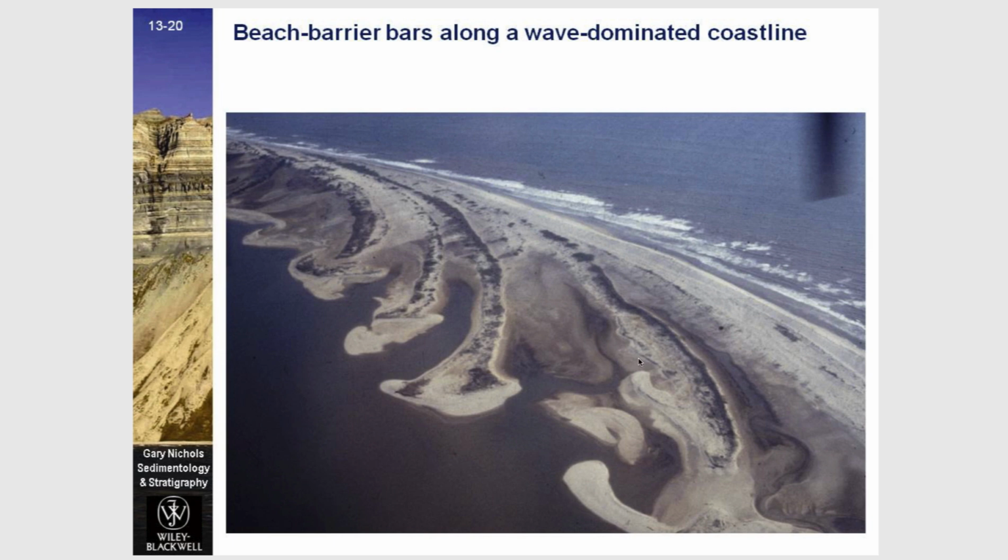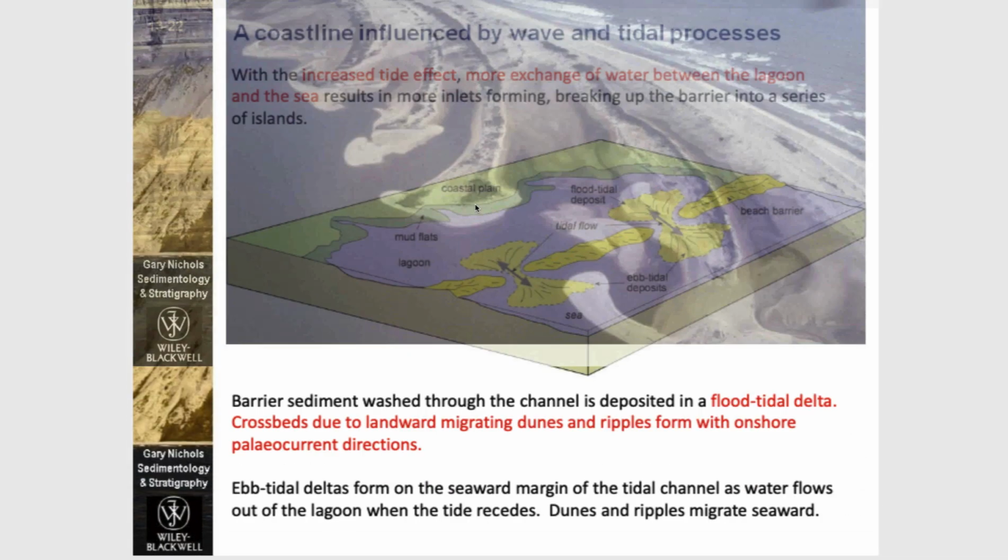You can think of this as part of a delta extending along the coastline with the accumulation of sands, and you can also see some of the washovers that result from storms that form periodically or seasonally.